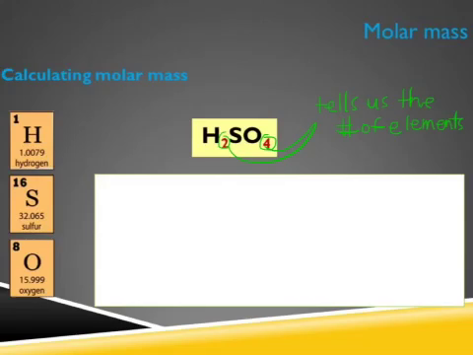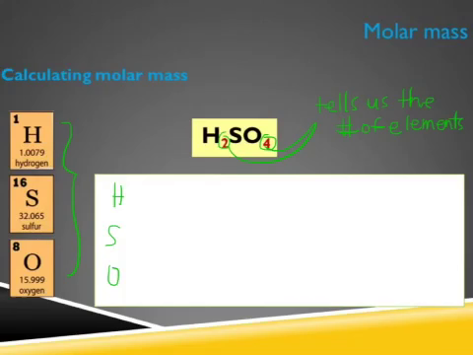So the first one is you need a periodic table, and I've been nice and I put the information from the periodic table right here so that we don't have to go look for it. The second one is we need to list all the elements. We have H for hydrogen, S for sulfur, and O for oxygen. This also tells us how many of each there are.